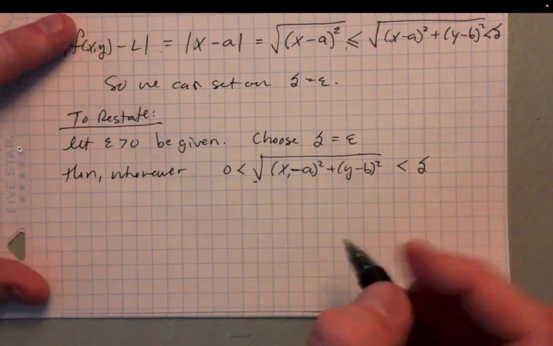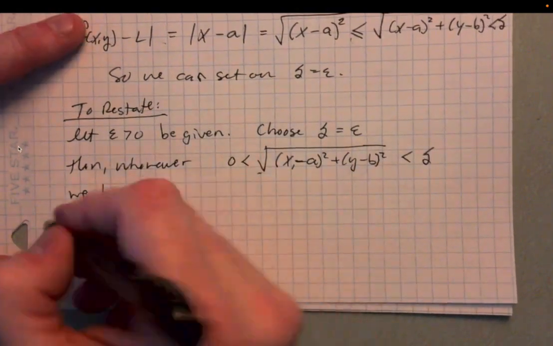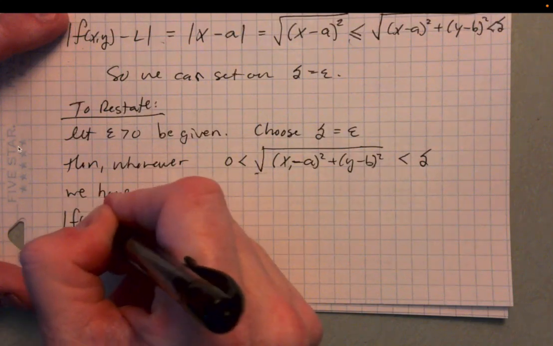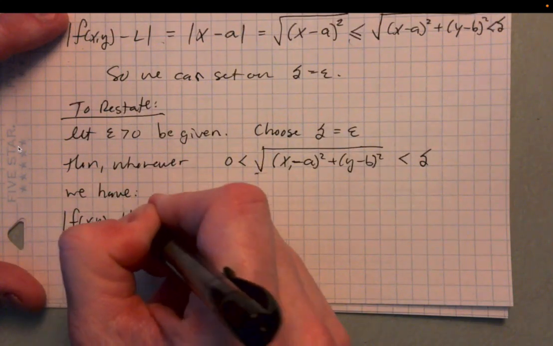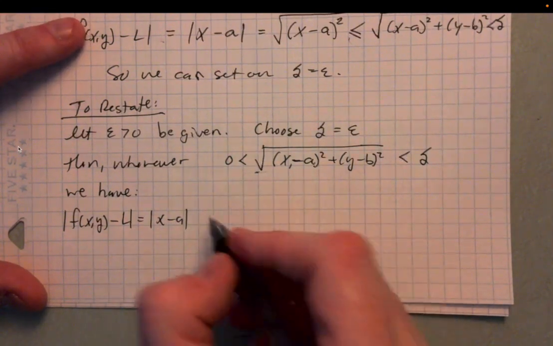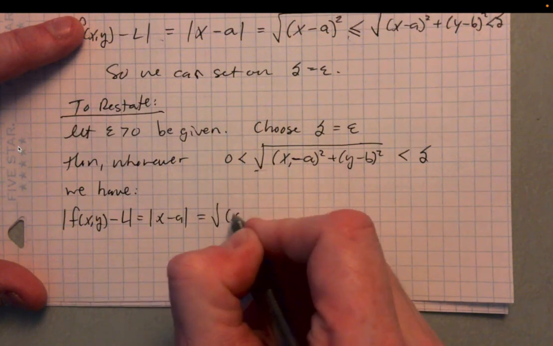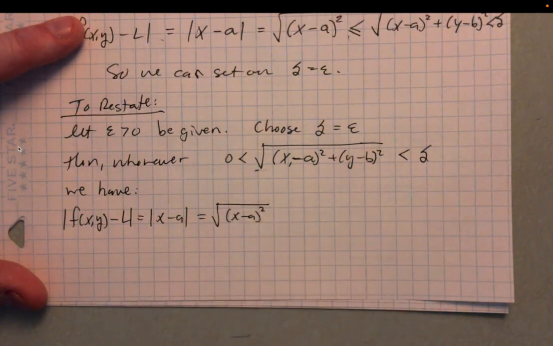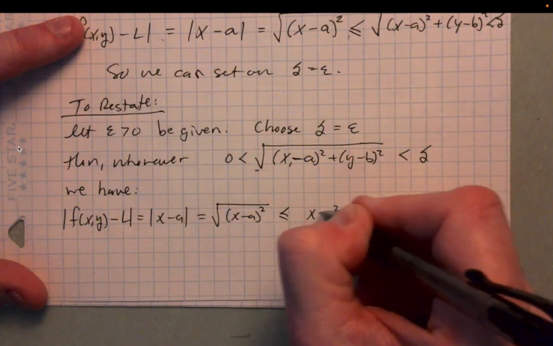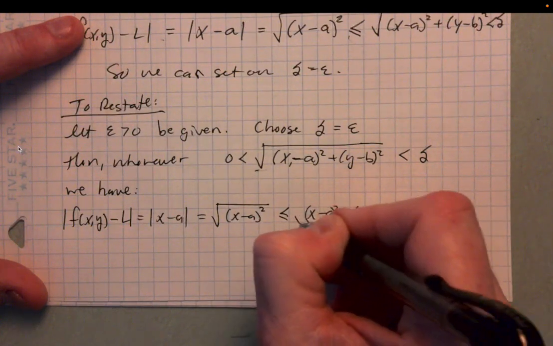we have what? Well, kind of just restating what we worked out up here, we would say, starting with this thing, that is just, in this case, the absolute value of x minus a, and that's equal to the square root of (x minus a) quantity squared, which is less than or equal to the square root of (x minus a) quantity squared plus (y minus b) quantity squared.